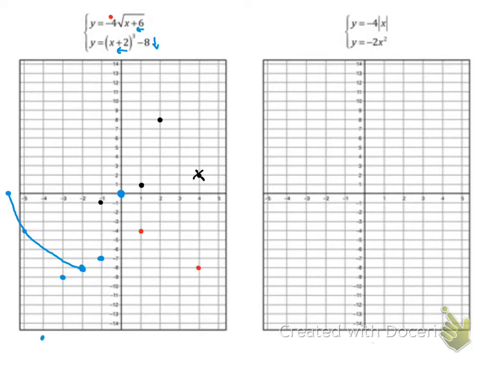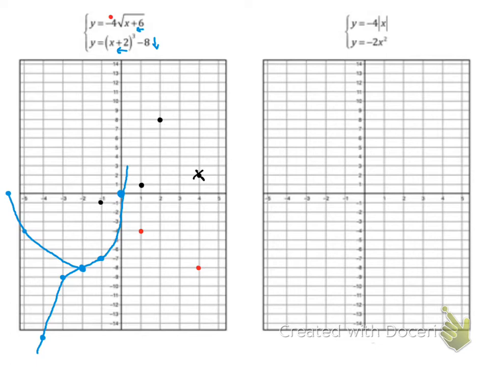So about right there-ish. And here is our other graph. Okay, so if we ask for what the solution is here, notice that they both share that point there. That would be the solution, but for now it's just asking you to put the graphs up there.